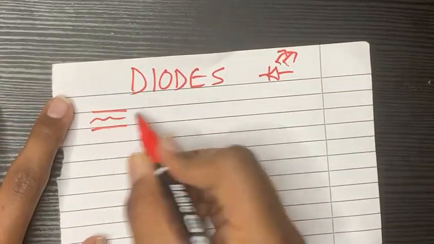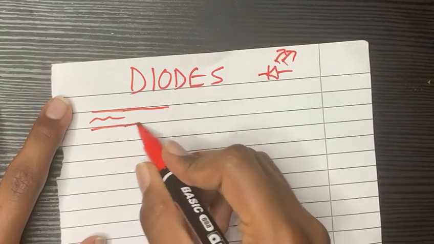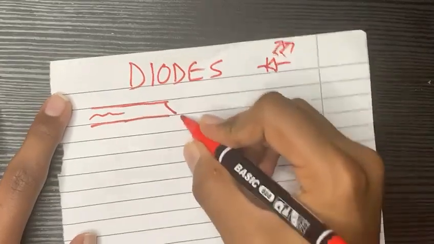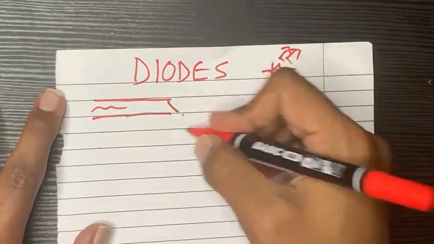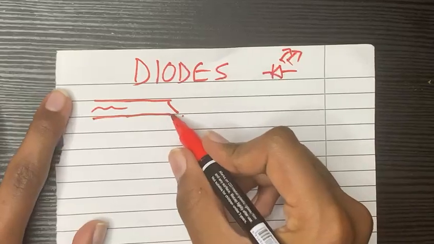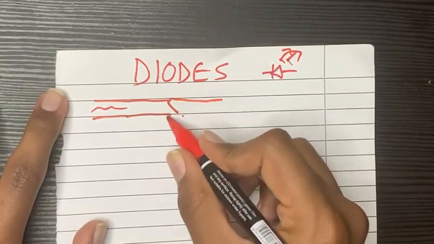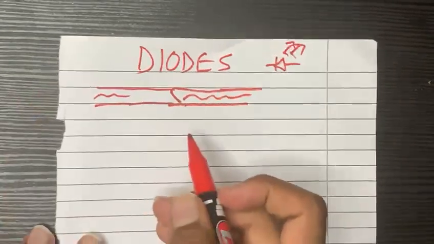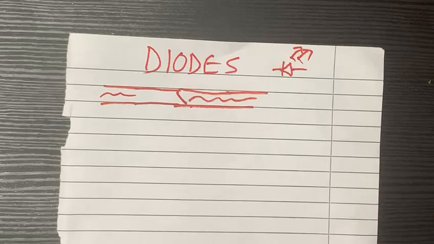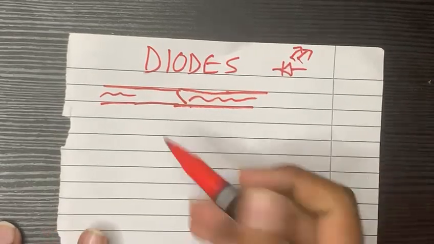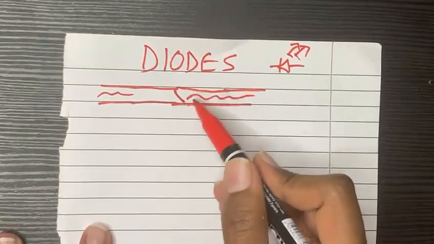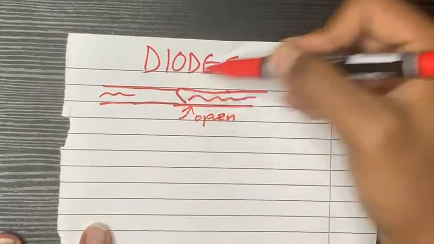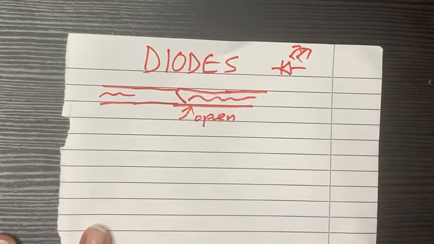So there's water, and there's a door, or a valve, in the middle of the pipe, and the water flows. If there's enough voltage, which is basically the pressure in this case, the valve will open, and then the current will flow, basically the water will flow.